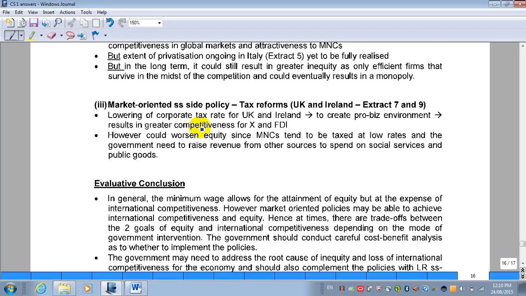Many of them are earning high profits. And if you lower their corporate taxes further, it's definitely going to worsen inequity, right? Because they will be able to earn even higher levels of profits. So it can worsen the level of inequity.